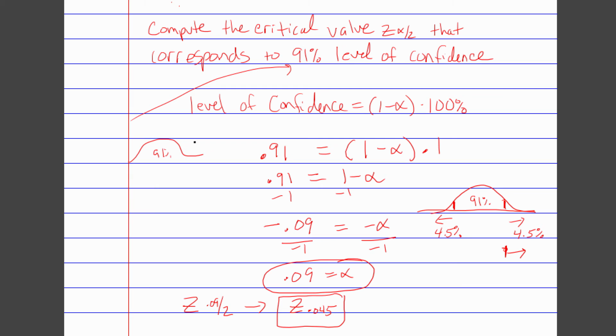Well, you need 9% split up between both of those. So I just split up the 9%, 4.5% and 4.5%. You can do that with any of them, and you don't have to go through the equation. Just think about what you need on each side, and then you're always looking at the right side for the value that you need. So 4.5% or 0.045, let's look at it both ways again.